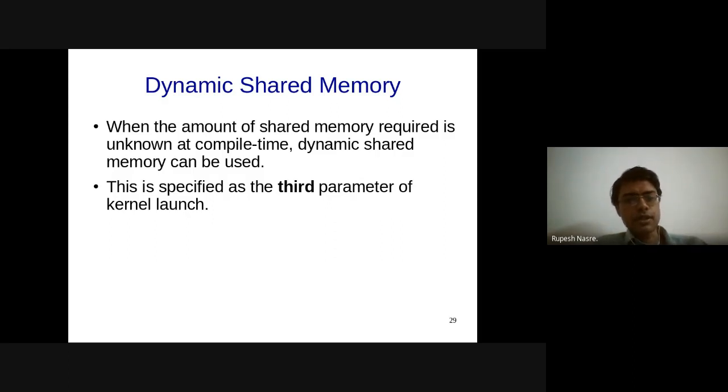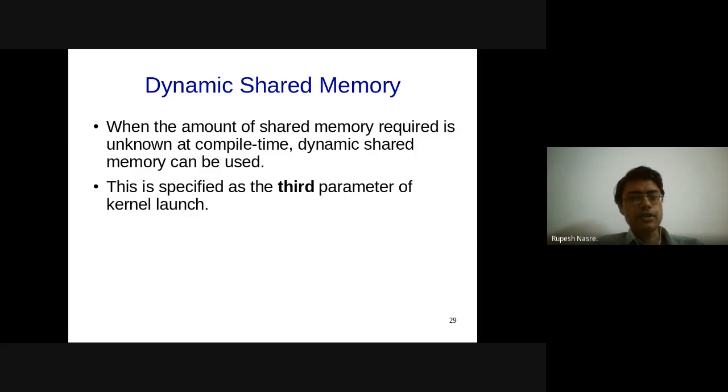Also, this might turn out to be a surprise, that there is a third parameter of the kernel launch, but that is what is specified. To add to that, I must mention that there are actually 4 parameters which you can give to the kernel launch. The fourth parameter is also something which we are going to study later in this course, and that's going to be related to streams.